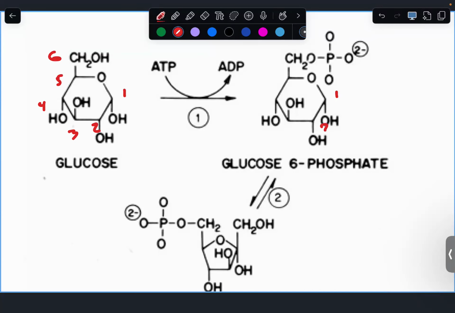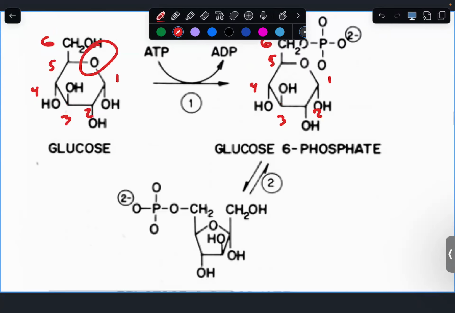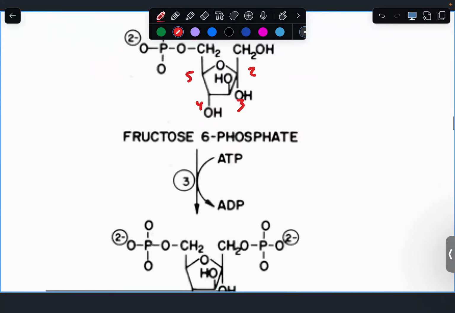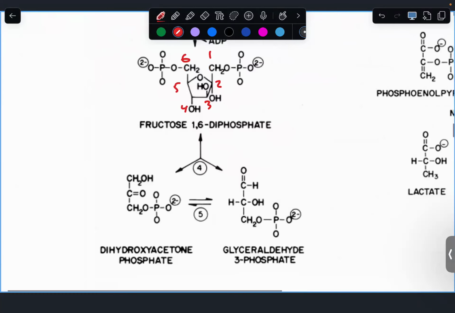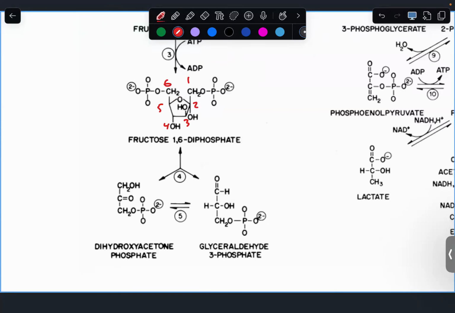So the first few steps, it's pretty easy because we're just shifting around this end of the molecule. 1, 2, 3, 4, 5, 6. 1, 2, 3, 4, 5, 6. And now here's the part where it gets a little tricky.